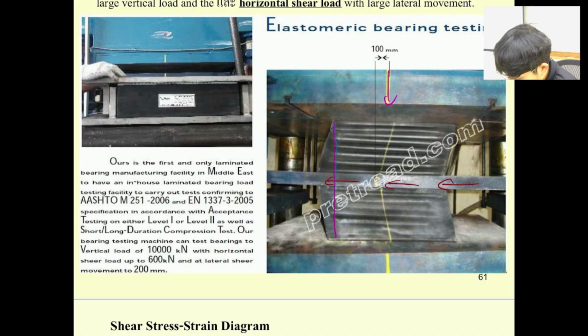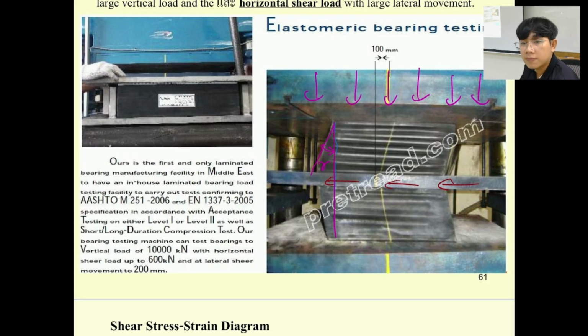When you put the bridge load on top of the bearing pad, it's going to produce compressive force and compressive stress. And then when we put the horizontal force, it's going to produce some shear stress, which is our angle over here. Okay, shear strain over here, right? So this bearing pad can absorb. You need to test.